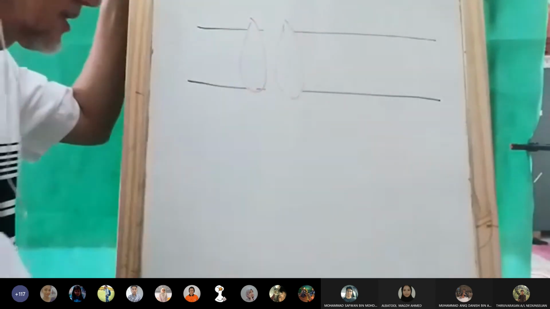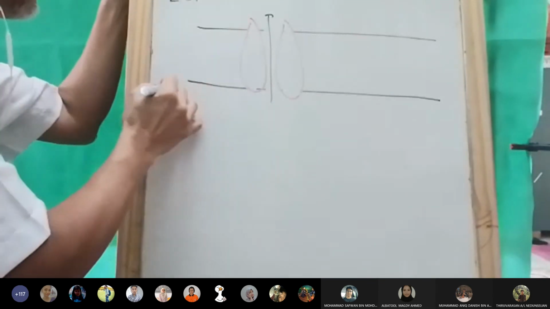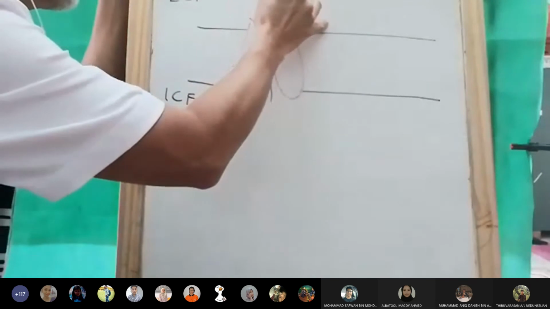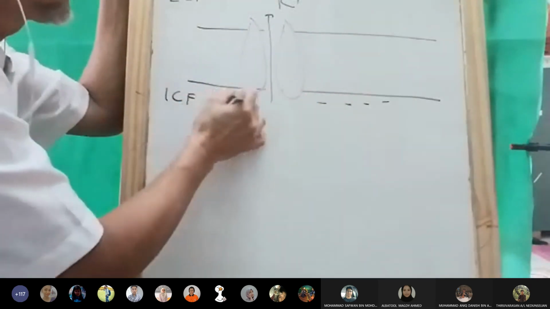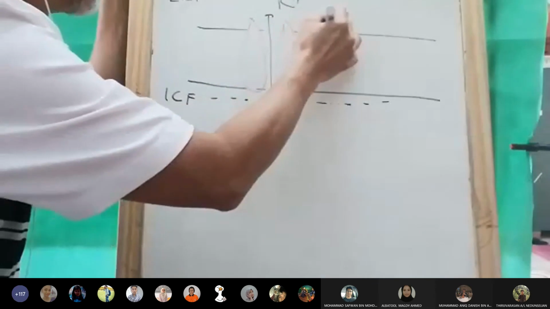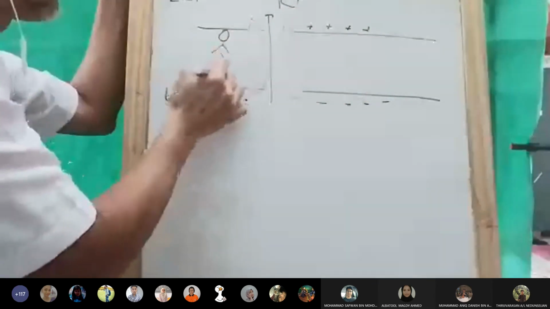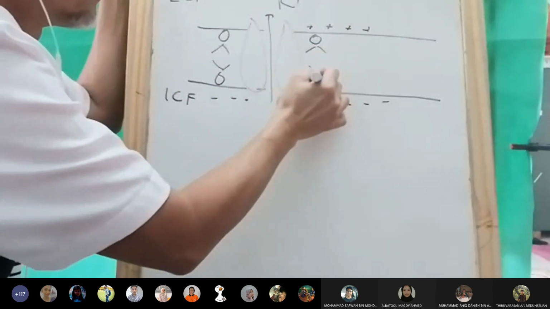Let's say here is the ECF, and here will be the ICF. It allows potassium to move out to create a membrane potential. Inside there is more negative compared to the outside, which is more positive. And these are the phospholipids in between.